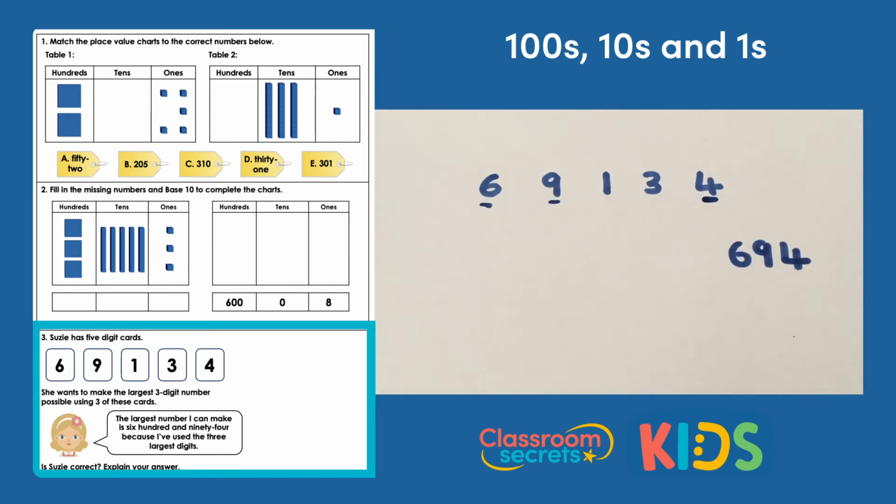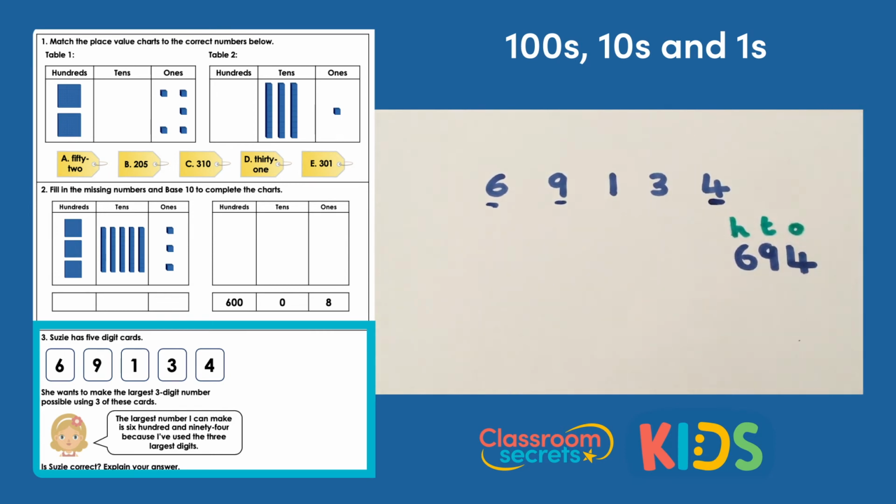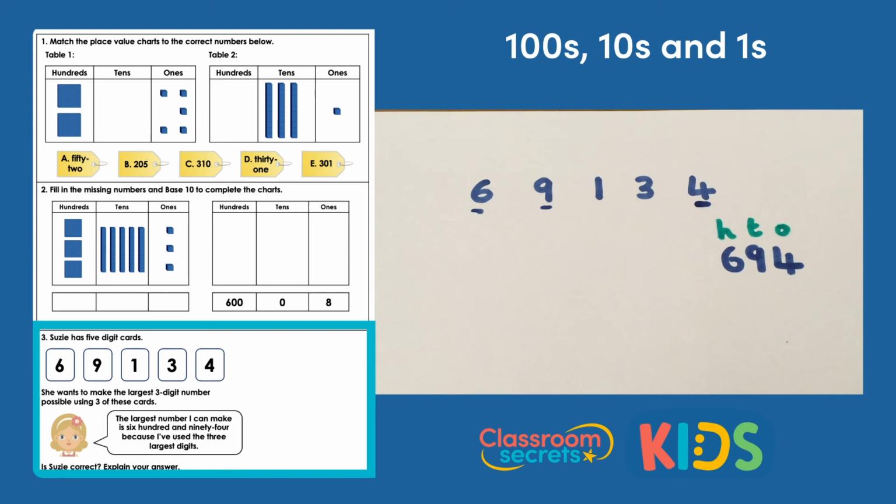So Susie has actually picked out the right digit cards, 6, 9 and 4, because they're the 3 biggest. However, when I put my hundreds, tens and ones above, we're not using the place value chart this time, we're just using the headings, hundreds, tens and ones, but it works in the same way. We have 6 hundreds, so 600, 9 tens, so 90, and 4 ones, 694.